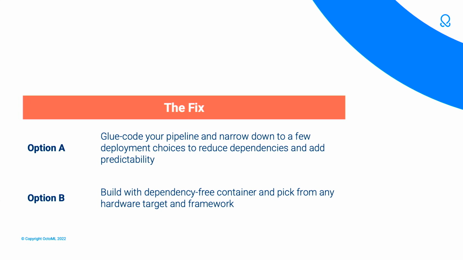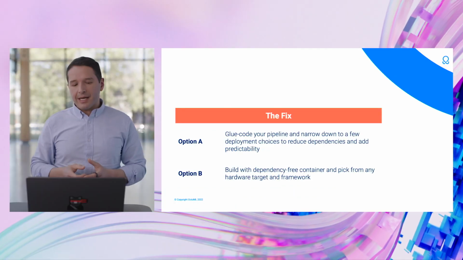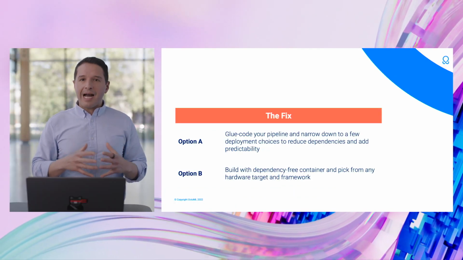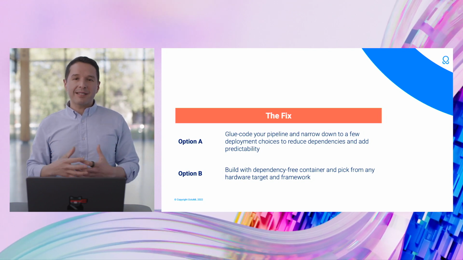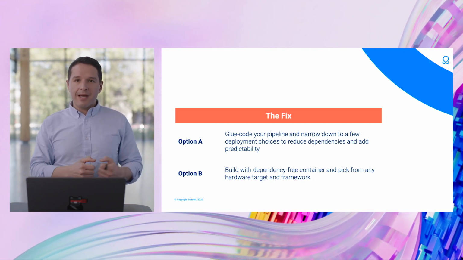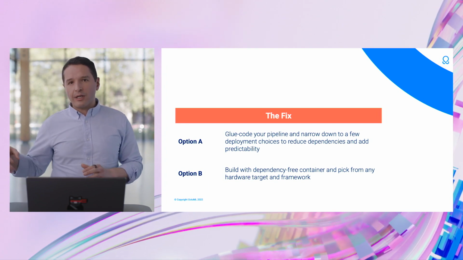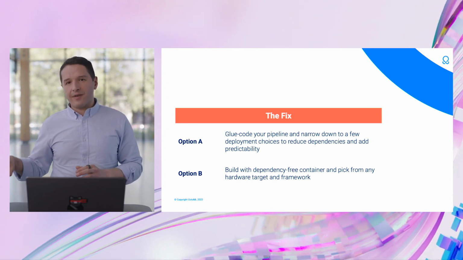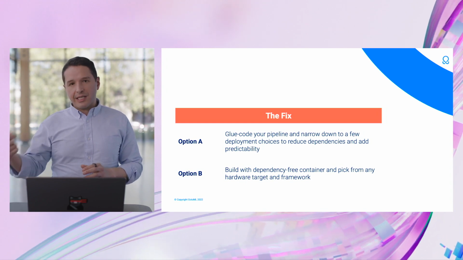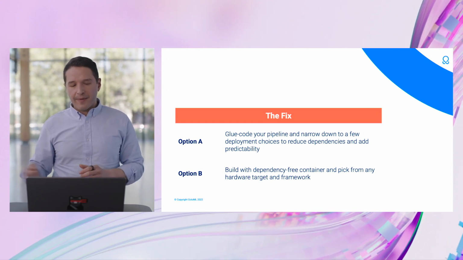Another option, which is a much better option for this type of problem, is to essentially look at how you can recompile the model for the target and for the actual stack of the target where the model is going to run. What I mean by that is instead of thinking, how do I package all the different dependencies that I need to run this model, let's actually convert this model into something more universal that can actually run in all these different devices and take advantage of the instructions and the accelerations that devices provide.